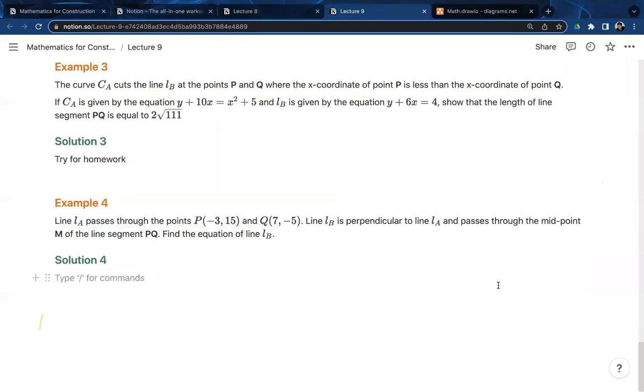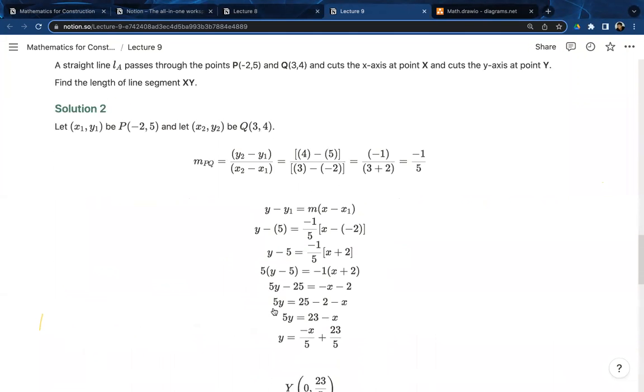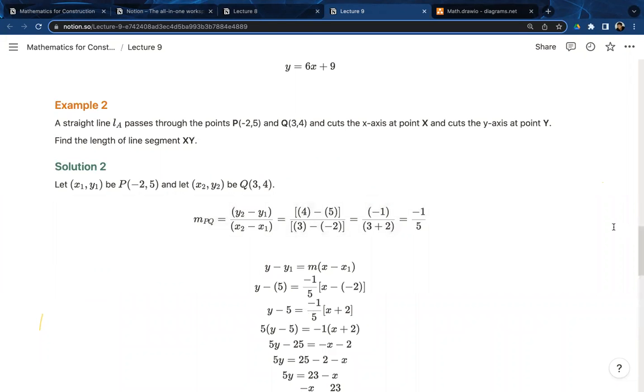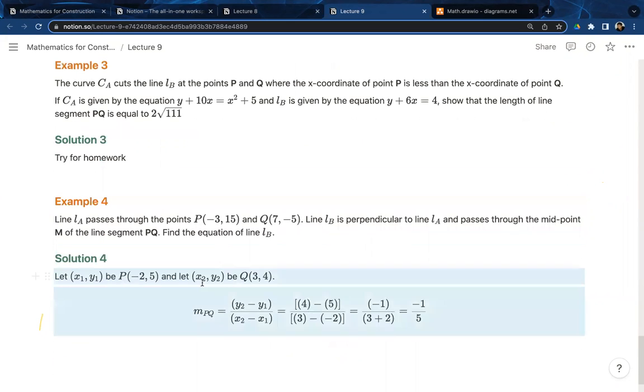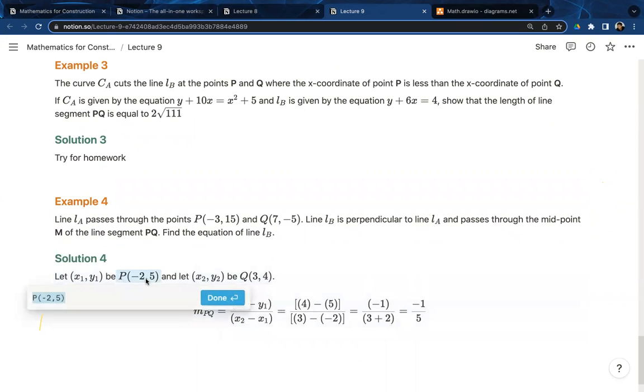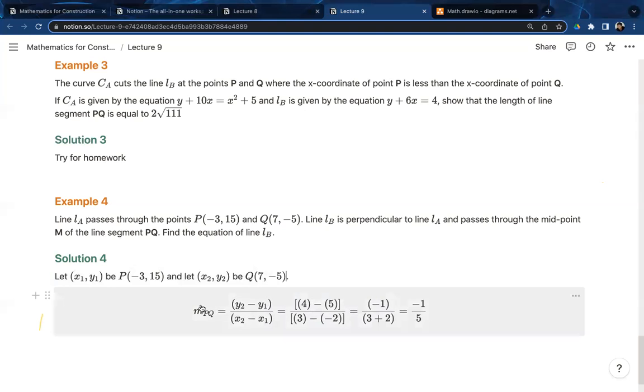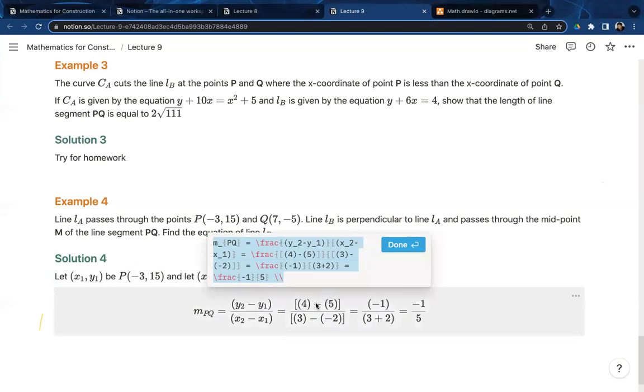So how are we going to start this question? Gradient of PQ. P is (-3, 15) and Q is (7, -5). So what's the gradient of PQ? Y2 minus Y1 over X2 minus X1.